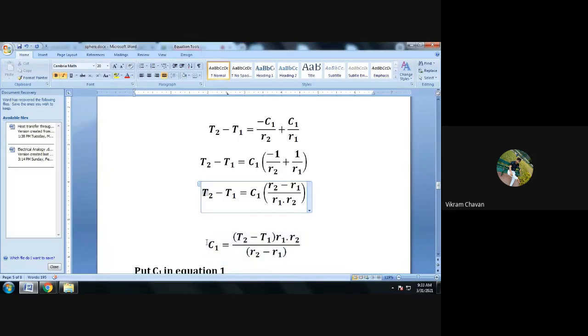So we will get C1 is equal to T2 minus T1, in the bracket, multiplied by R1 multiplied by R2, whole divided by R2 minus R1.